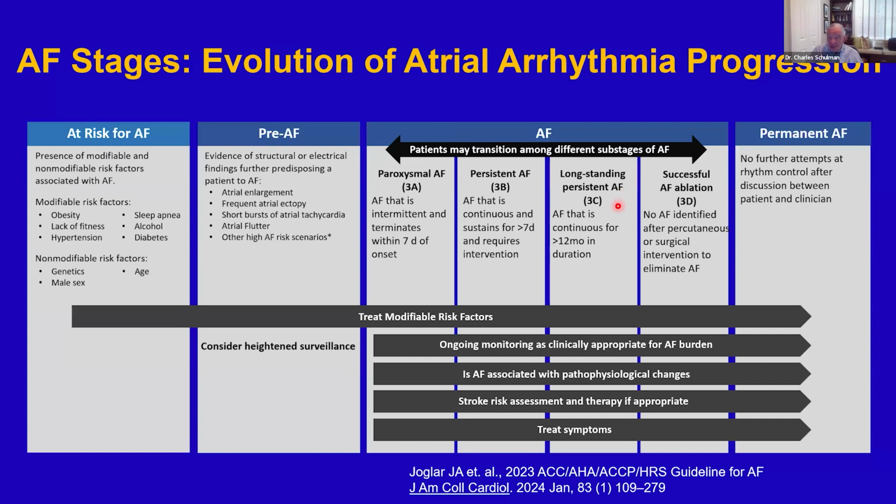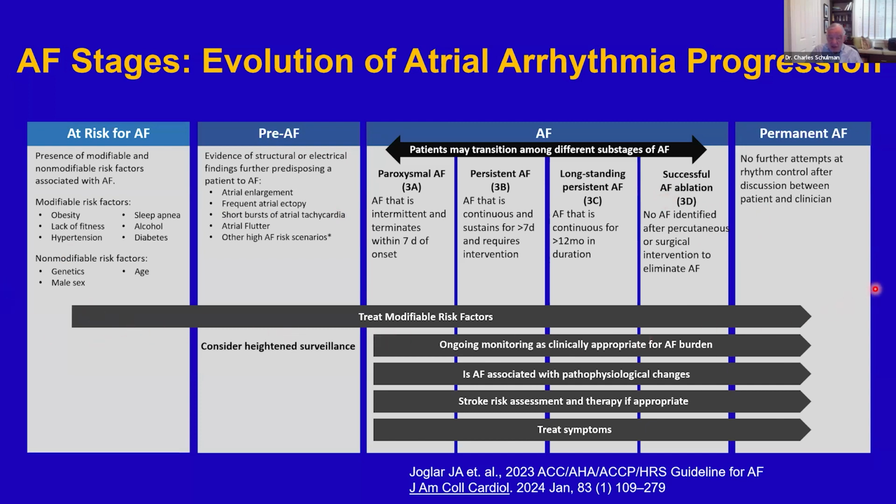Long-standing persistent, AFib that's continuous for a year or more. Patients who have had an ablation and do not have AFib afterward. And then permanent AFib is where both the patient and the doctor agree that no further attempts at rhythm control will take place.